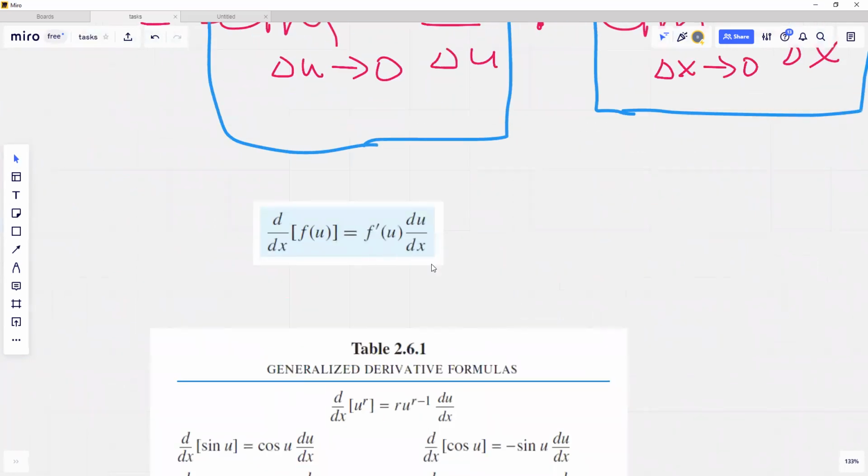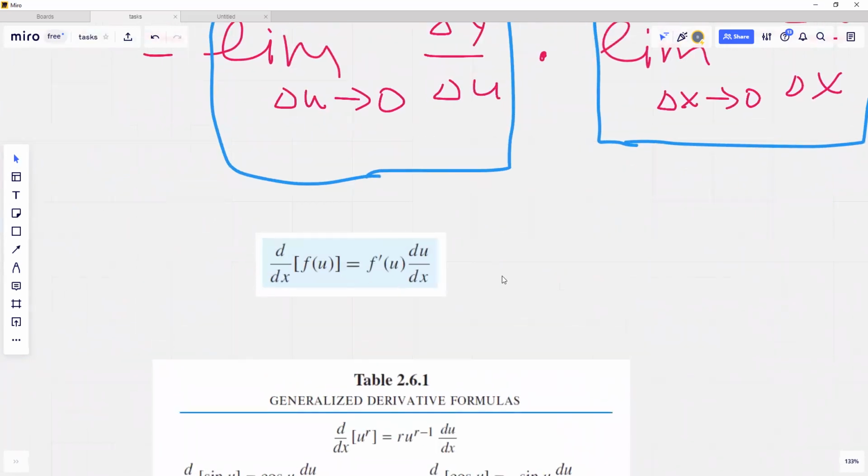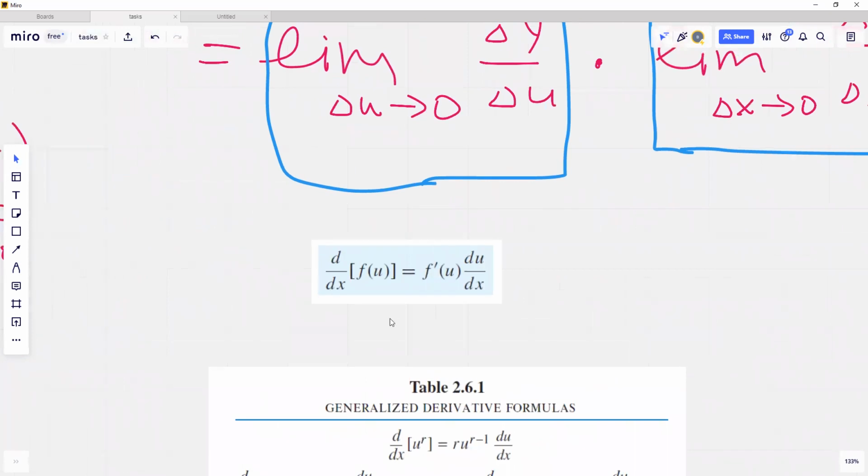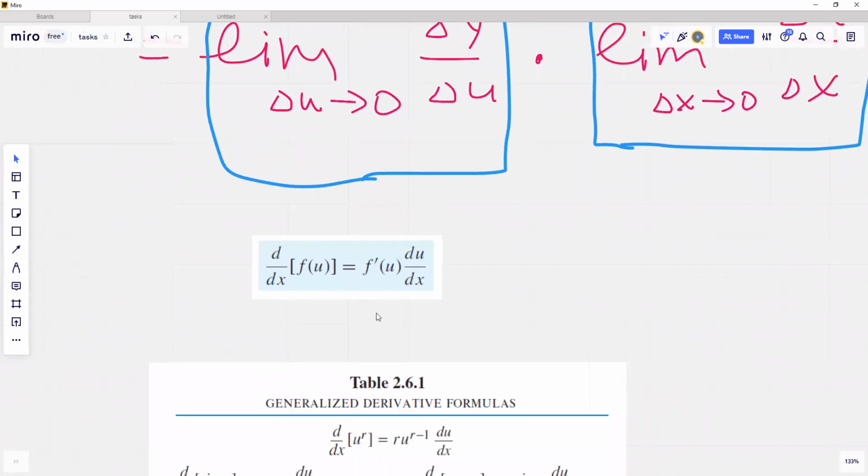Okay, now this is in another form. We can write down our chain rule. So f is a function of u and u is a function of x. Then the derivative of f of u by dx is equal to f prime of u, so the derivative of function f by du, multiplied by du over dx.